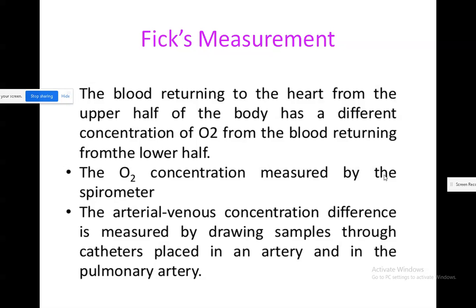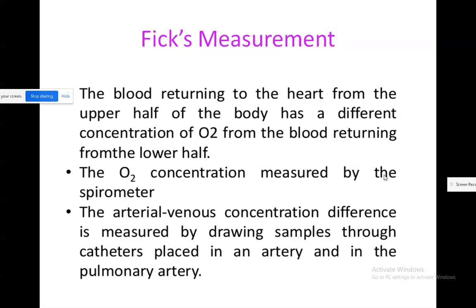The lower part means the leg, thigh, from the bottom of the human body, you will be receiving the blood to the heart. That blood will have a different concentration compared to the upper part of the human body.